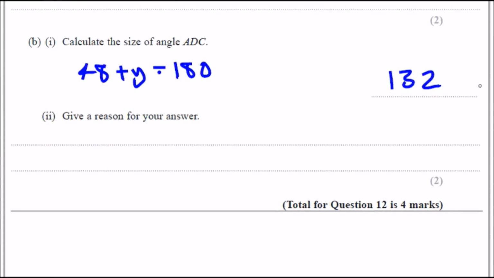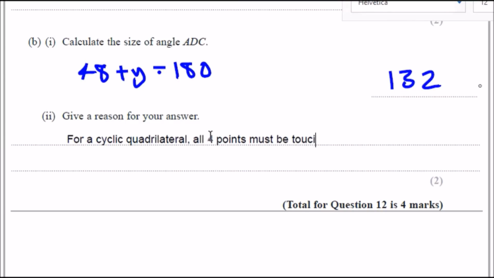So remember cyclic, yeah? I'll write the answer down, so give a reason. So for a cyclic quadrilateral, all 4 points must be touching the outer circle.